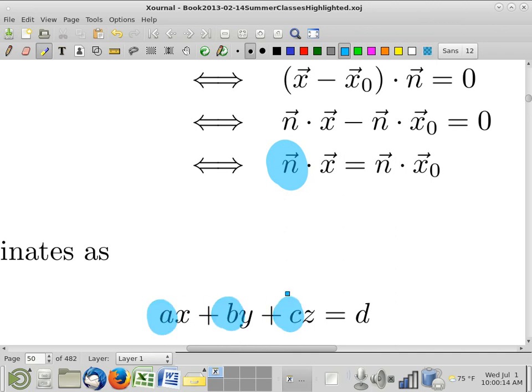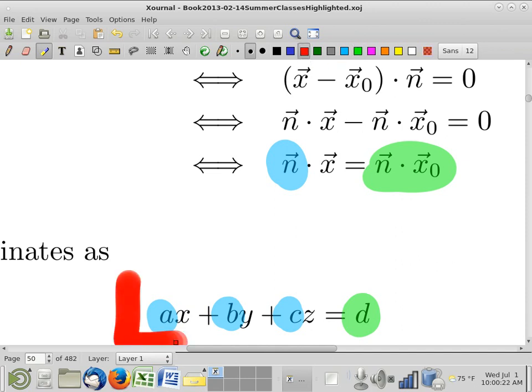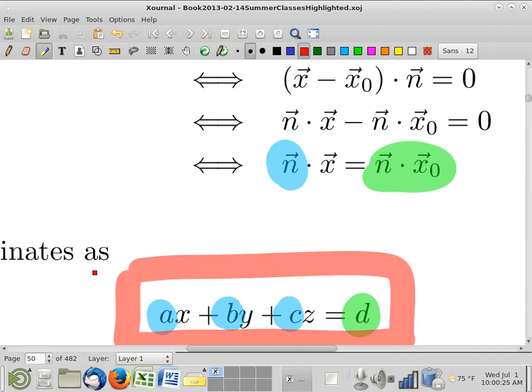Let's call them a, b, and c. Again, n and x naught are given, so that's just some number. Let's call it d. And here then is the equation of a plane in R3. Very analogous derivation. Nice application of dot products.